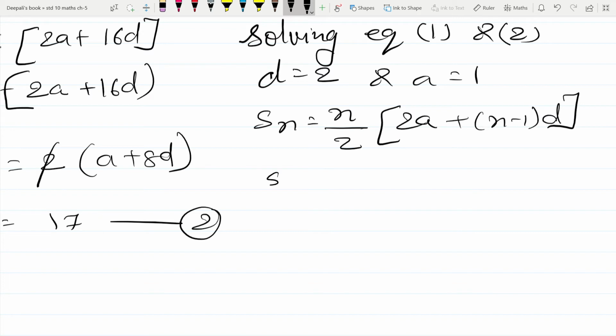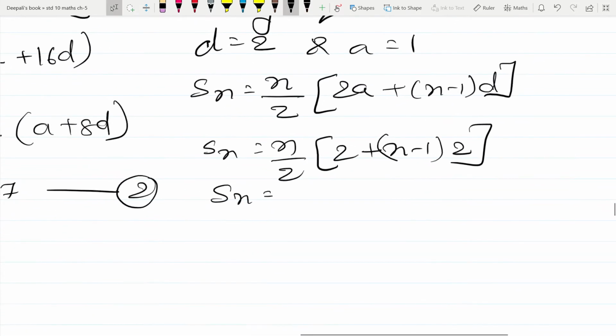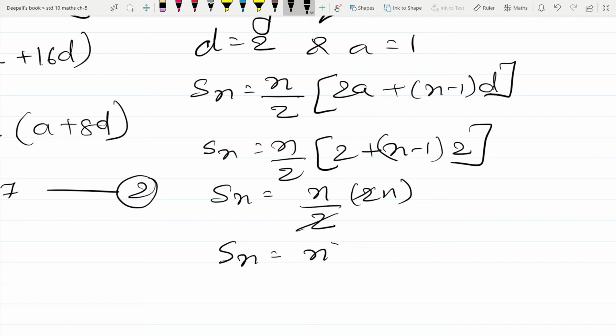Replacing the values, I get n upon 2 times (2 plus (n minus 1) into 2). So I get Sn is equal to n upon 2 into 2n. So Sn is equal to n square.